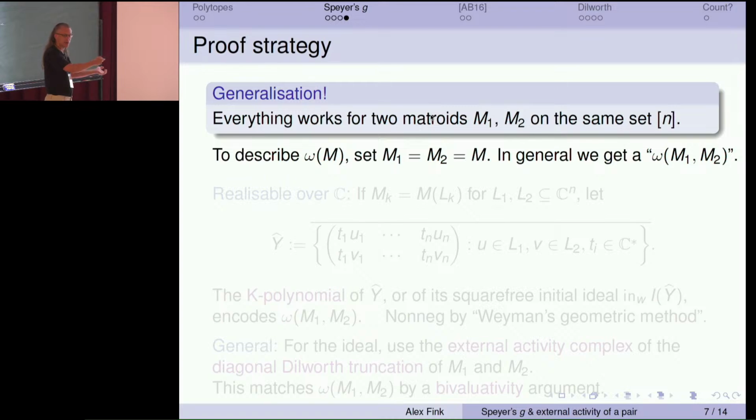And if you take them to be unequal, you get some interesting stuff. And so I want to tell you what you get in the general setting. There's some nice matroids that come up.